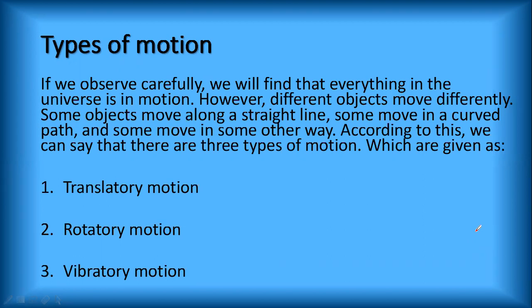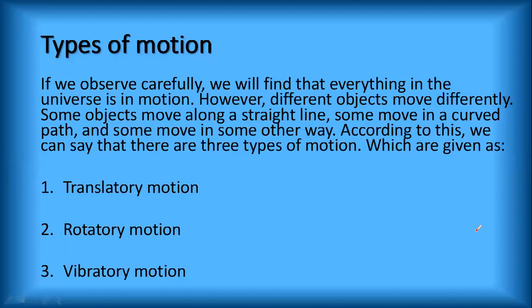Different objects have different types of motion. Might be in a straight line, in a curved path, to and fro motion, circular motion, in a zigzag path. Any type of motion is possible. So types of motion are divided into three categories: translatory, rotatory, and vibratory.